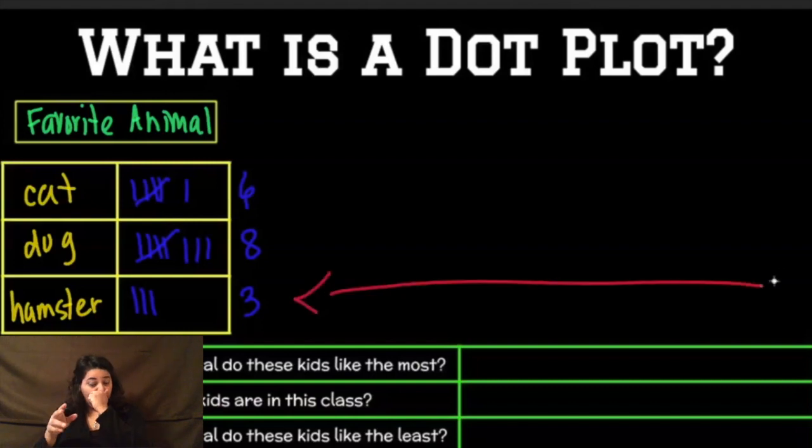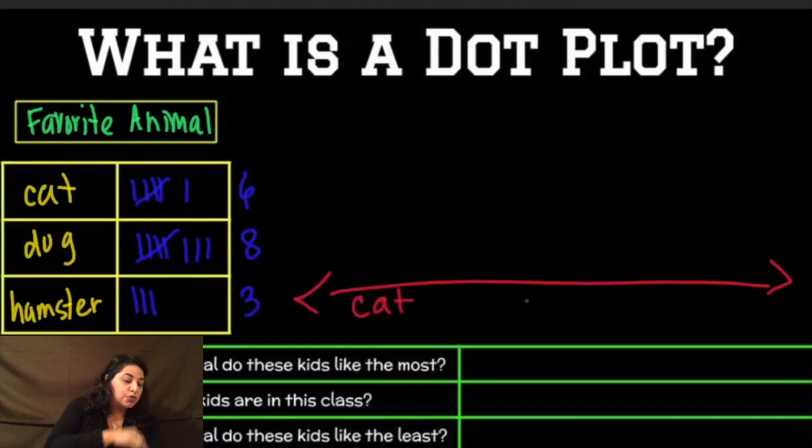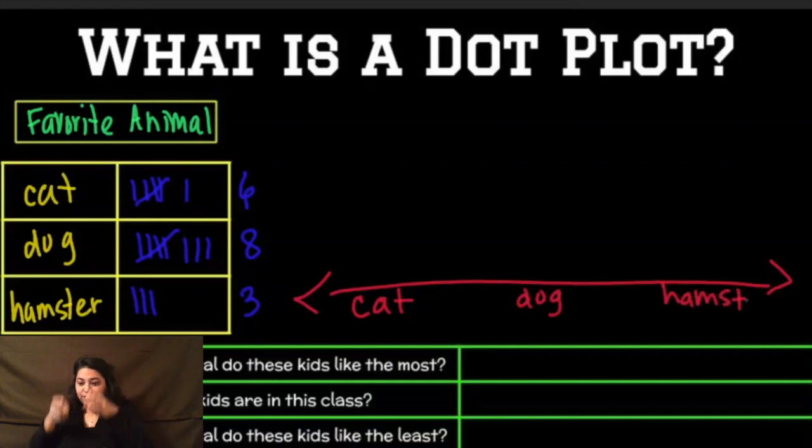So I am going to make first my number line, and the most important thing that I need to do is I need to label. So whatever the subject is that I'm talking about in my dot plot, that's what should go below this line. So I'll put cat, and I'll put dog, and I'll put hamster. You see how I'm taking the data straight from that frequency table.